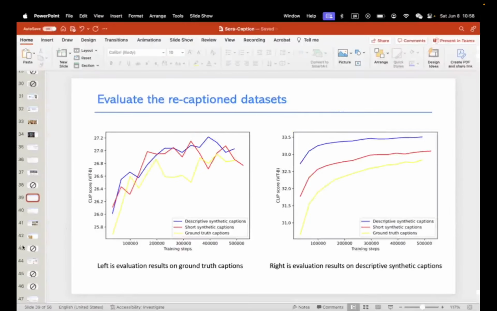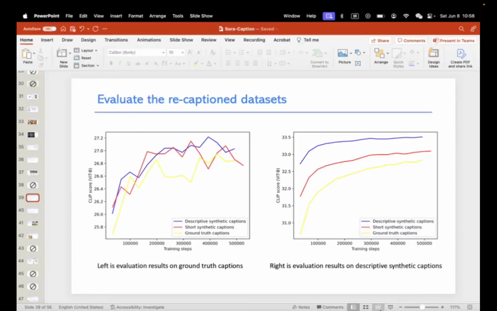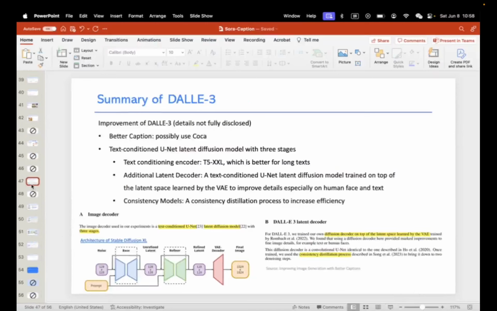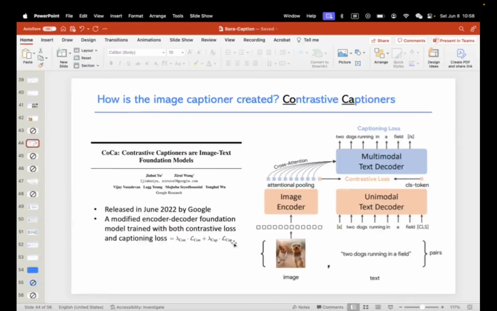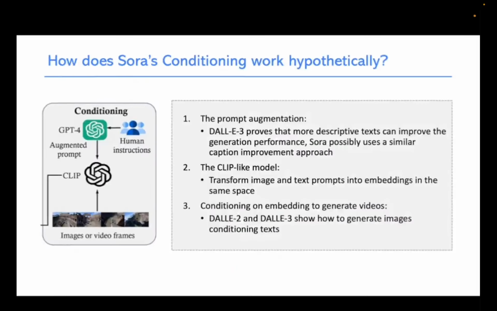Any other questions? My question, sure. I wasn't listening, but is the COCA model used in Sora, hypothetically? COCA actually is an image captioner. And I think in DALL-E 3, they mentioned that the image captioner is based on COCA. Okay. But in Sora, what we can know is it also possibly uses a similar approach to improve the captions of the videos.